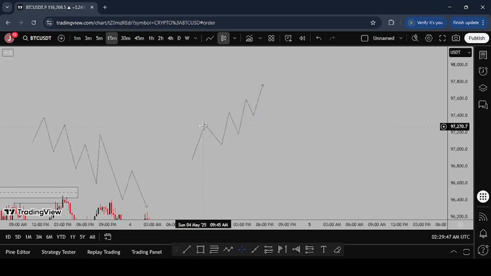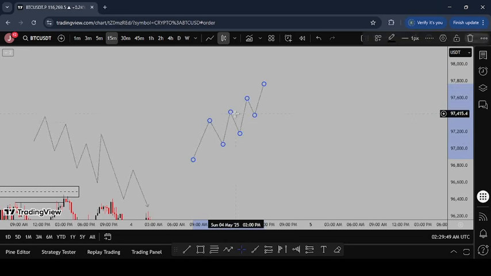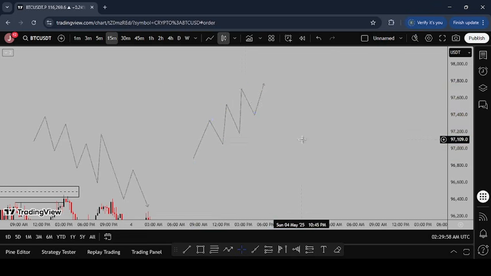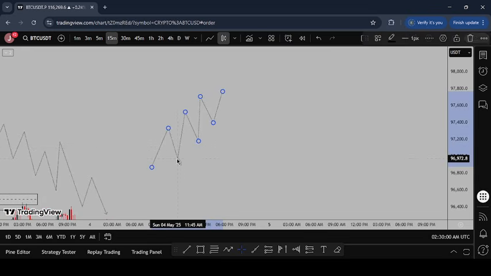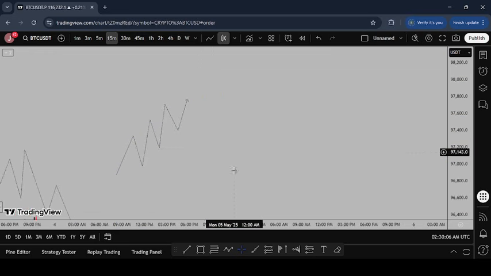Beautiful. This is the basic characteristic of an uptrend. Before you classify a market to be in an uptrend, market needs to create what? A series of higher highs and higher lows, breaking structure to the upside. This is your conventional way.